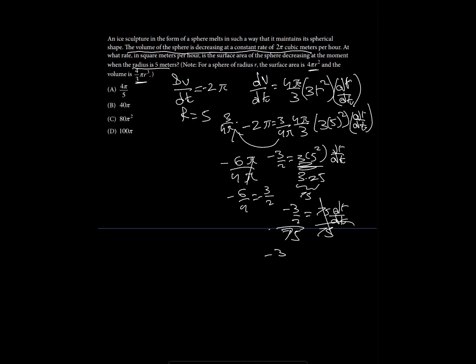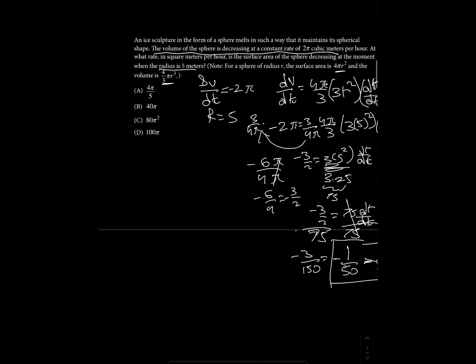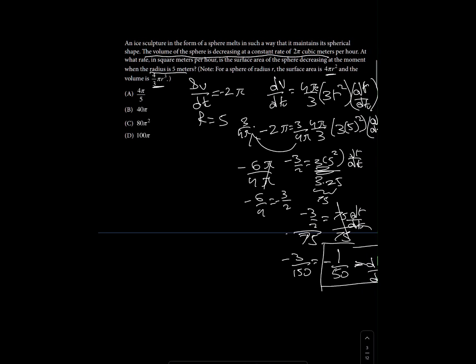Giving us negative 3 over 150, which, if you find the common factors between these, turns into negative 1 over 50 equals dr dt.